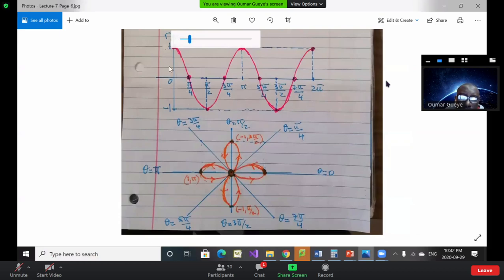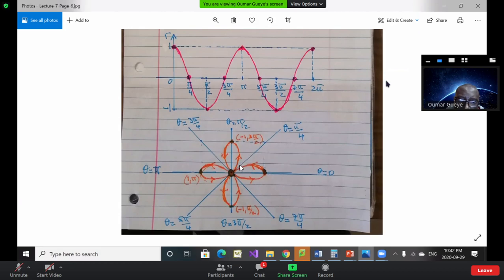So when theta equal to 0, r equal to 1, so it means theta equal to 0 is this line. You have to take 1 unit from 0. So this is 0, the pole. So 1 unit is going to be here. This distance equal to 1.